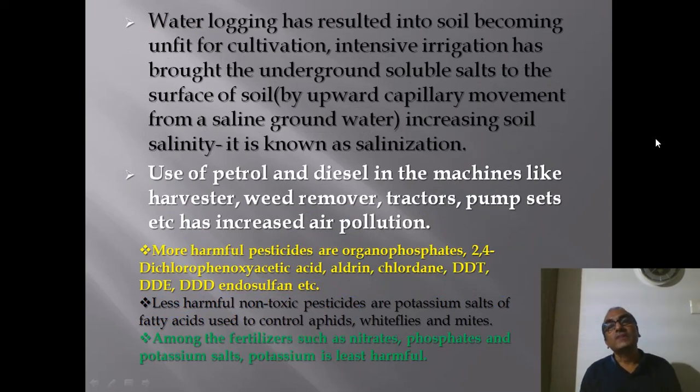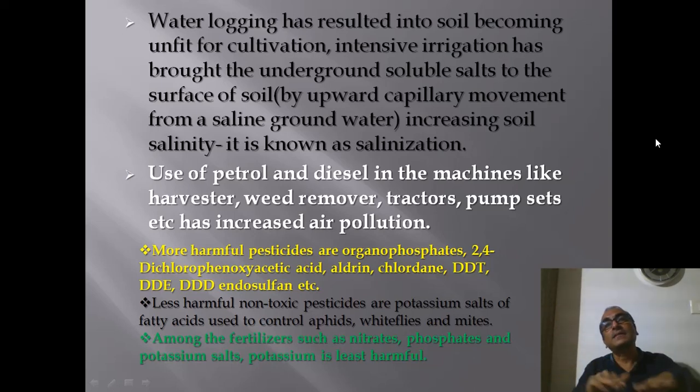Then waterlogging is another problem. Waterlogging means water is not percolating, it is stagnant in the soil because the soil is more clay-type soil, and due to over irrigation and use of excessive chemicals and all, the soil has become more saline and the water is not percolating down.